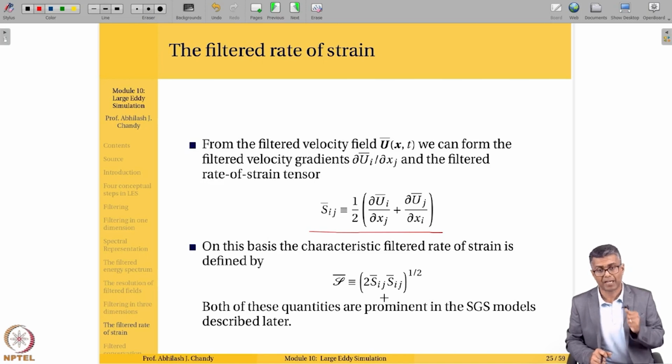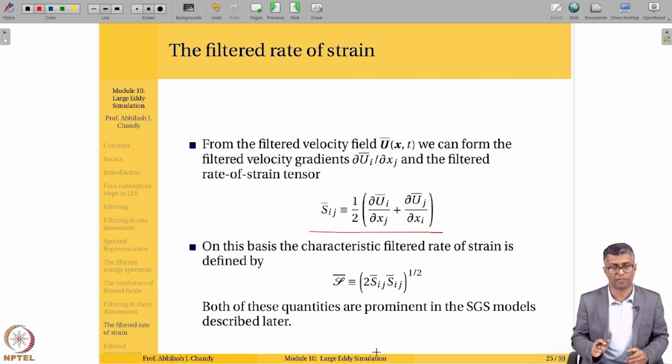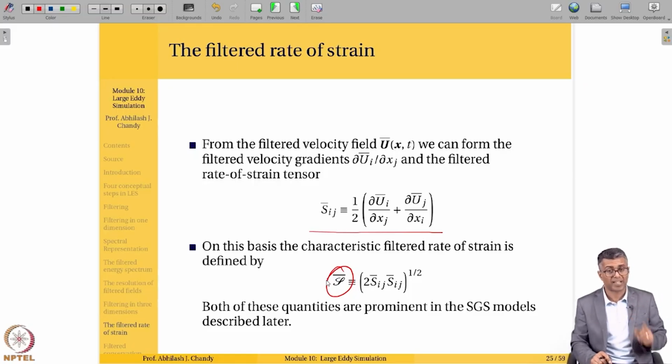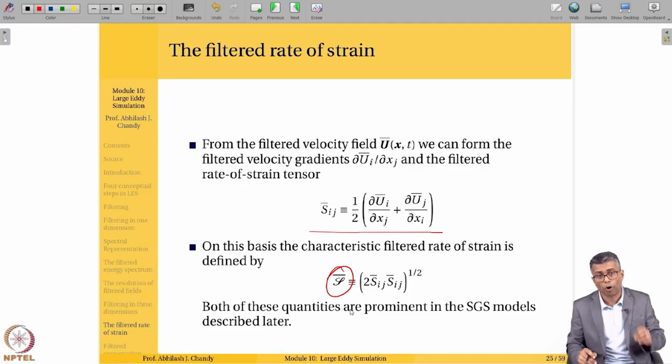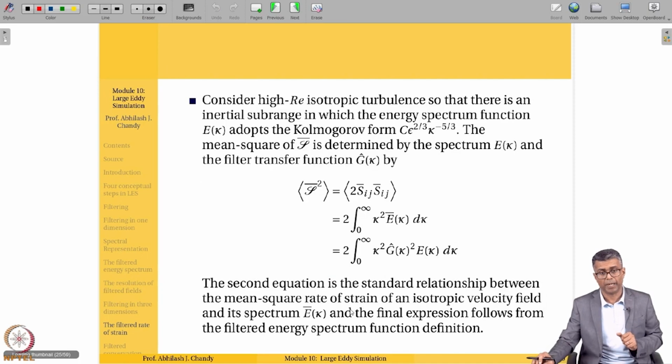This is the magnitude of the rate of strain tensor. Remember, rate of strain is a tensor, Sij, and here it is Sij bar, the filtered rate of strain. Both of these are going to be useful and prominent in the derivation of subgrid scale models coming up later. So keep that in mind.